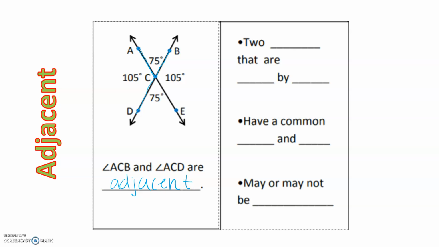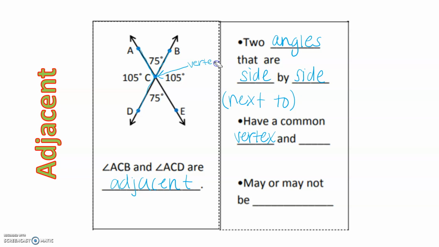And what that means is that they are two angles that are side by side. So think of next to each other. Okay, they have a common vertex. So that right there is a vertex.